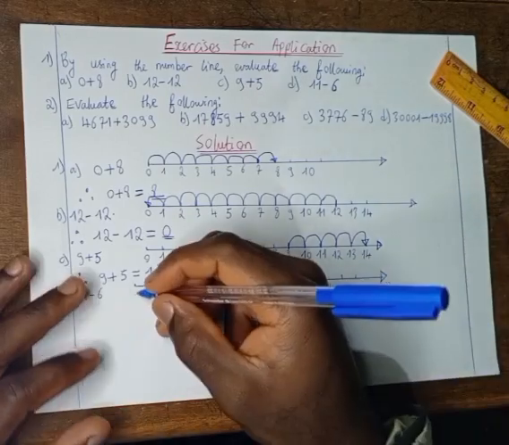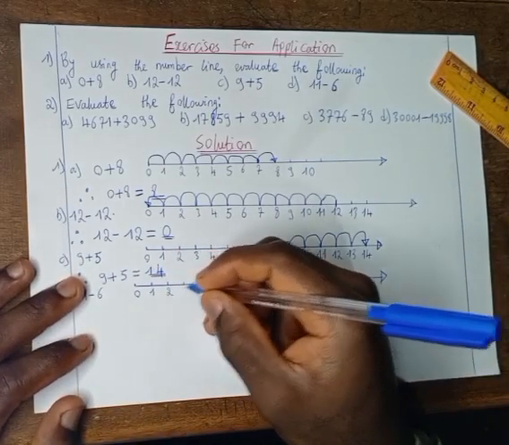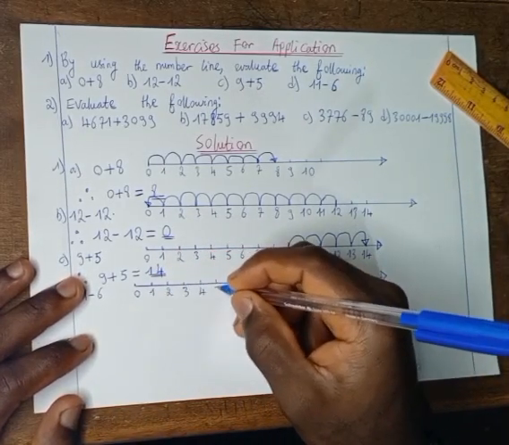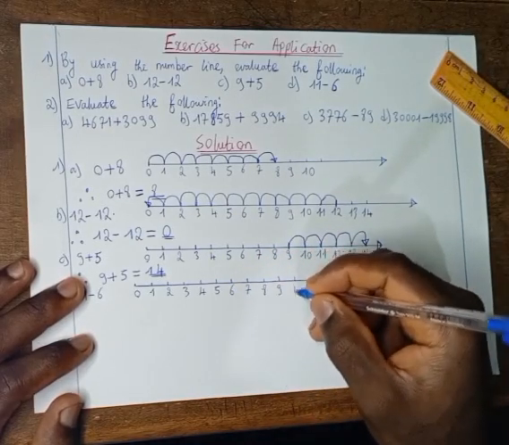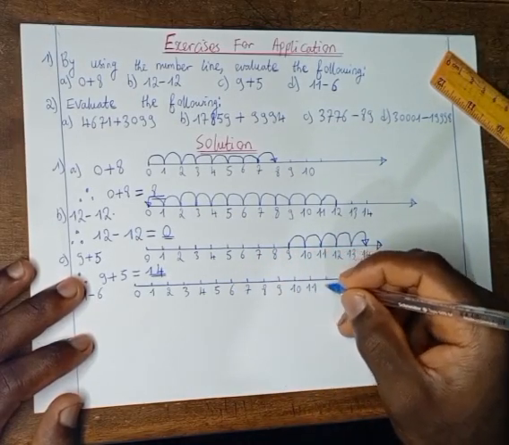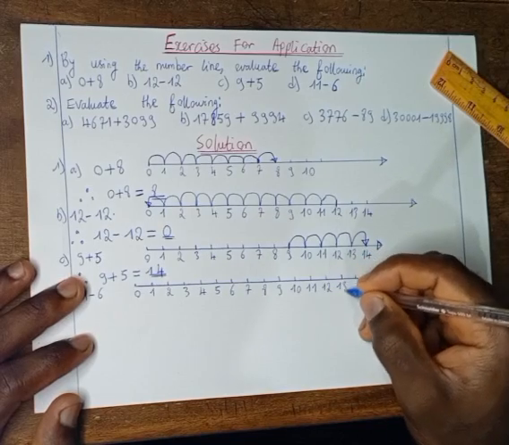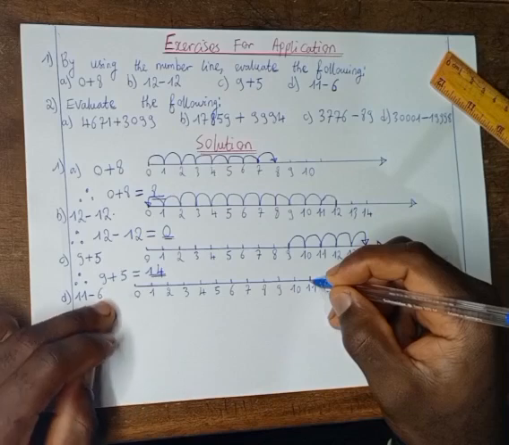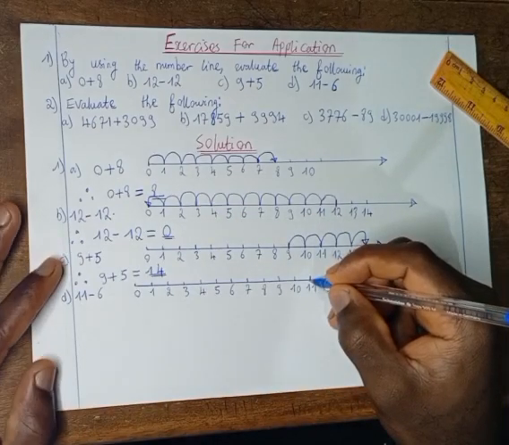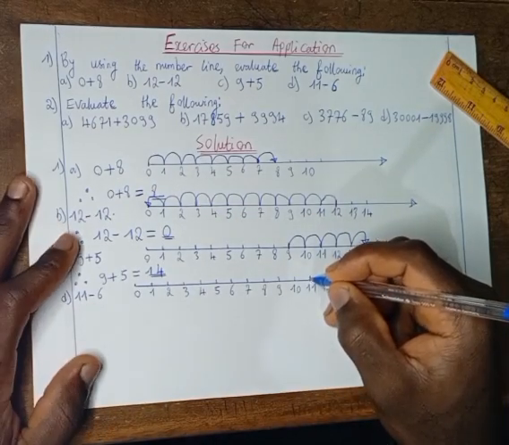Put the arrow. 0, 1, 2, 3, 4, 5, 6, 7, 8, 9, 10, 11, 12. We can end at 13. Our first number is 11. The operation sign is minus. We are moving to the left. Second number is 6. So we move 6 units to the left.